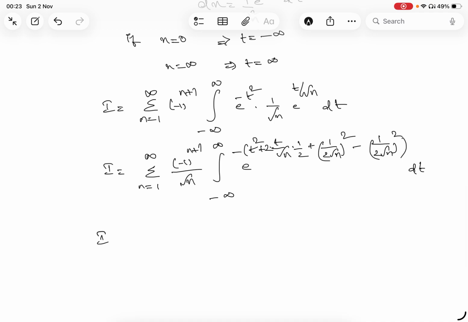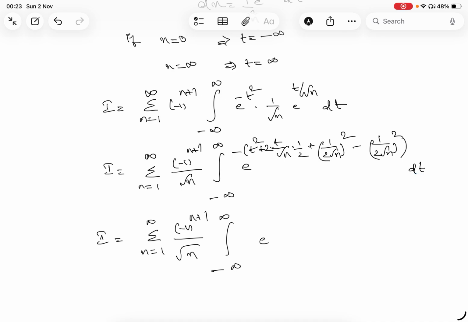Fine. Then this is I equal to summation n equal to 1 to infinity, right? This will be (-1)^(n+1) by root of n into the integral from minus infinity to infinity.